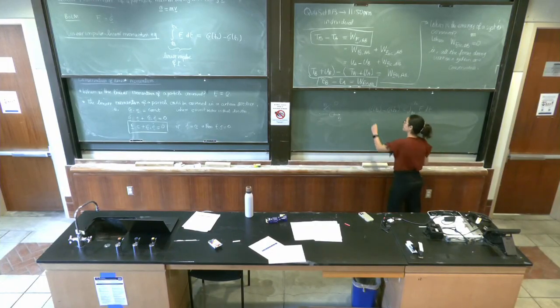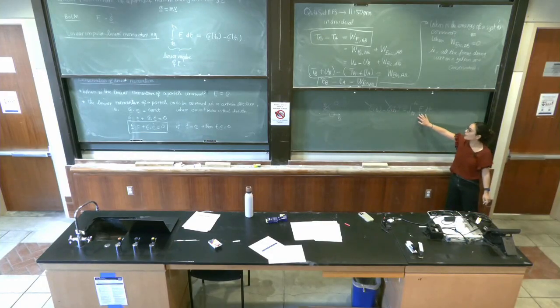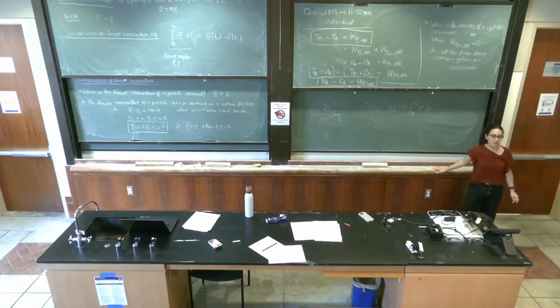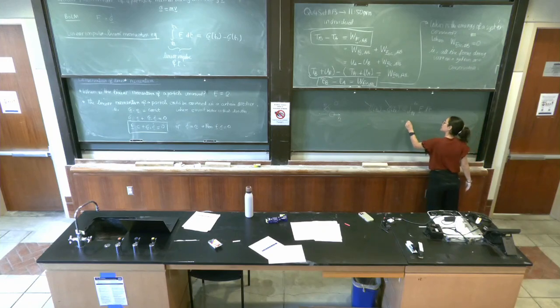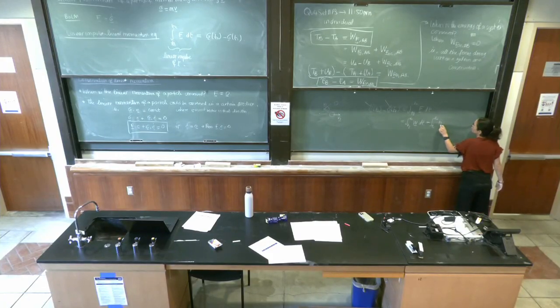Yes. Now, what would be the impulses of the forces acting on the ball? That would be the impulse of the weight plus the force from the bat, F_B dt.